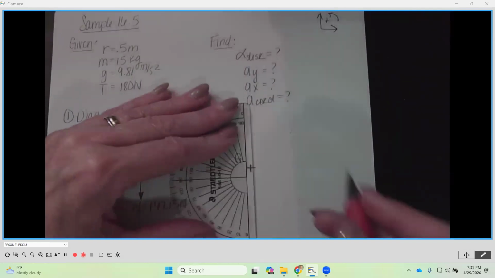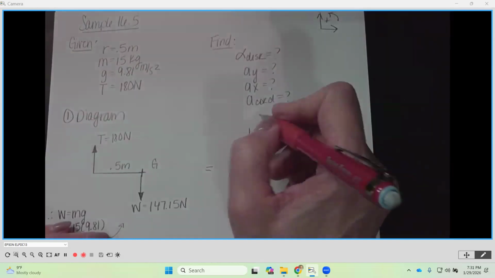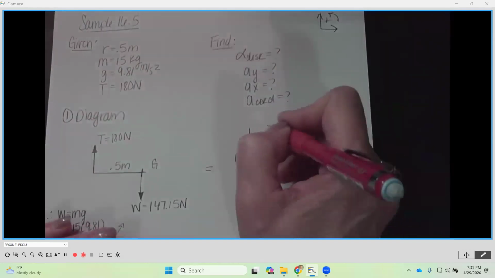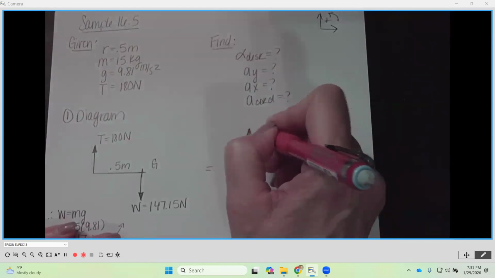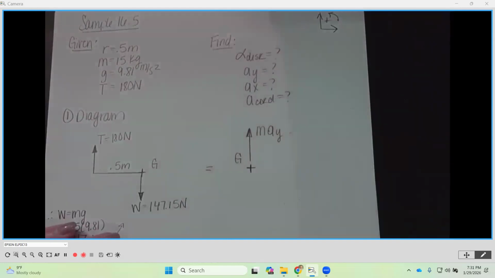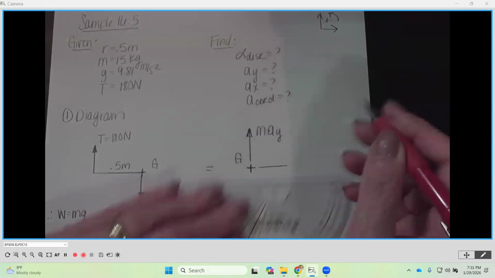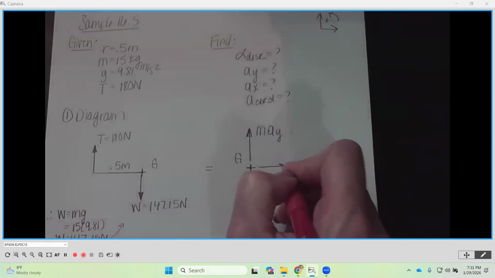So that means that we have mass times acceleration in the y, that's all that it is. So m(a)y, the mass of the disk in the y direction. And then we're going to see in both of these directions, is there anything going on?